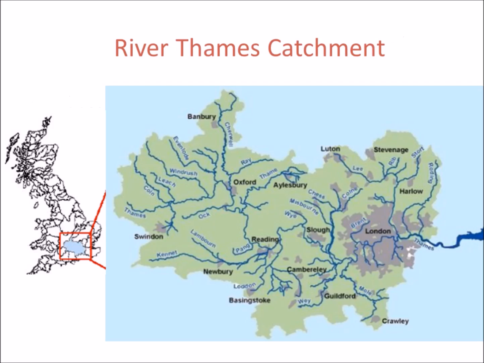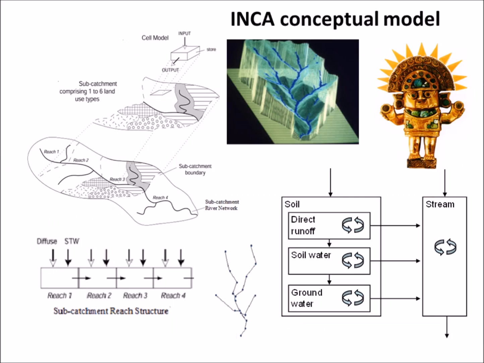In the Thames, we're trying to model the whole of the River Thames system. And one type of model we're using is called INCA, which is a conceptual model that basically tries to link what's happening on the land surface with what's happening in the river system.